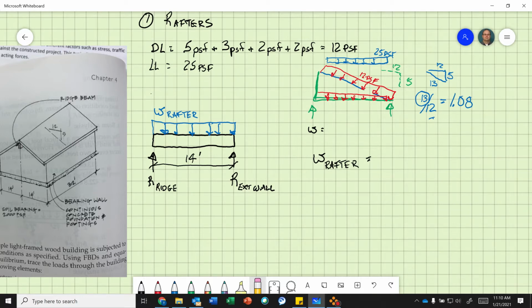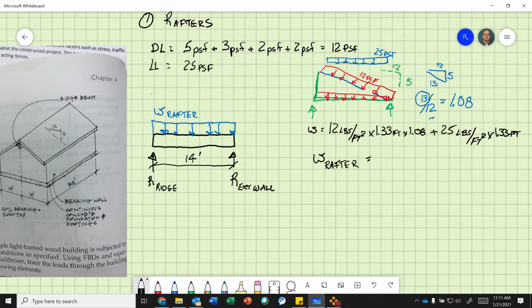So I forgot to take the multiplier of 1.08. 12 pounds per square foot times my rafter spacing times 1.33 feet times 1.08. That's my conversion factor to get it from the rafter length down to the span length, plus 25 pounds per square foot times my rafter spacing. Okay, there we go. So that'll be my load on the rafter.